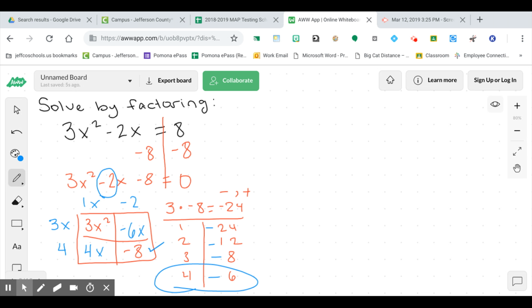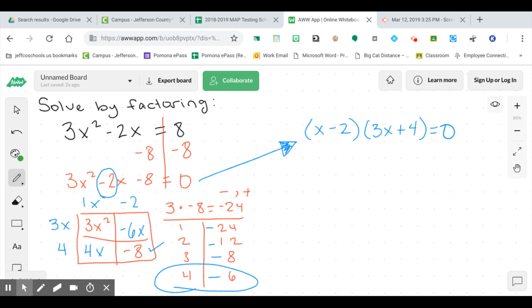So now I'm going to rewrite this. And on the left-hand side, instead of the long 3 terms, I'm going to write it out with the parentheses. So that's x minus 2 and 3x plus 4. That's still equal to 0, because just think about the left side being rearranged to look different.